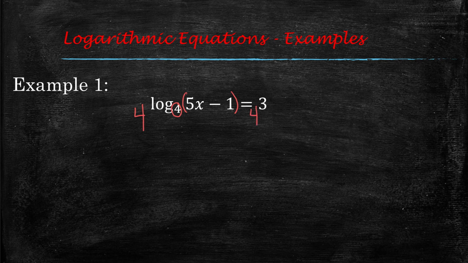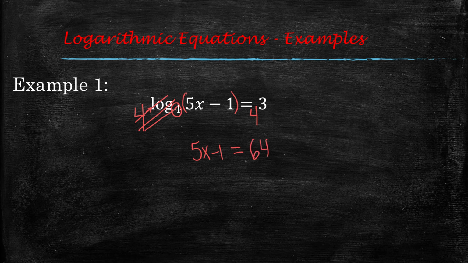So in other words, this is 4 to the log base 4 of 5x minus 1 equals 4 to the third power. Well, anytime you exponentiate with a log, those are inverses. So that log word cancels off, and you're just left with 5x minus 1. That's the reason why we do that. And then 4 to the third power is equal to 64.